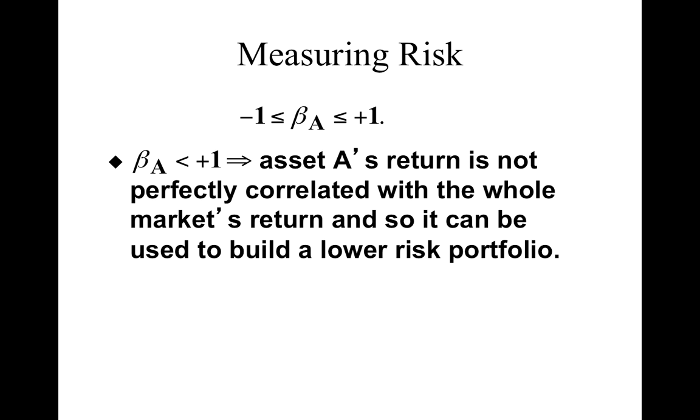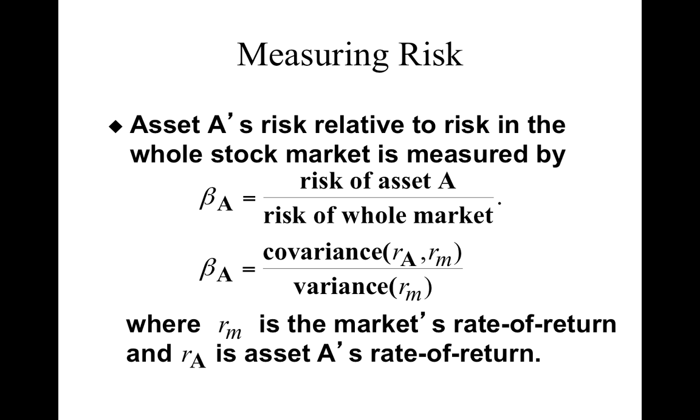It turns out beta can vary between -1 and +1. So, for example, if covariance is perfectly negative between rate of return on Apple share, let's say, and market rate of return, which means that if the market rate of return goes up by 1%, then the rate of return on the asset A goes down by 1%.